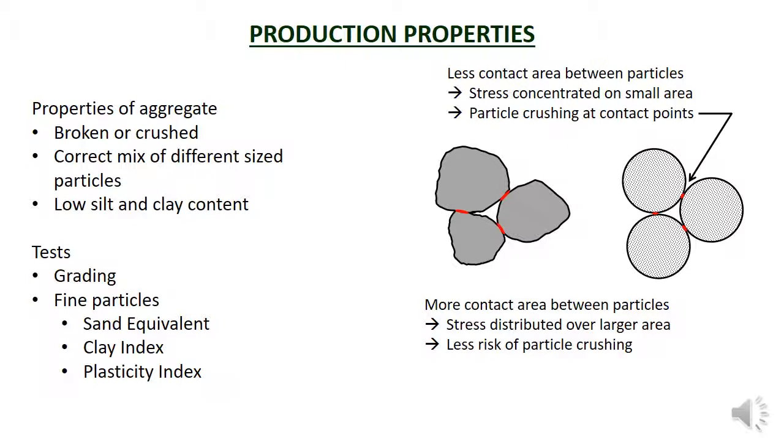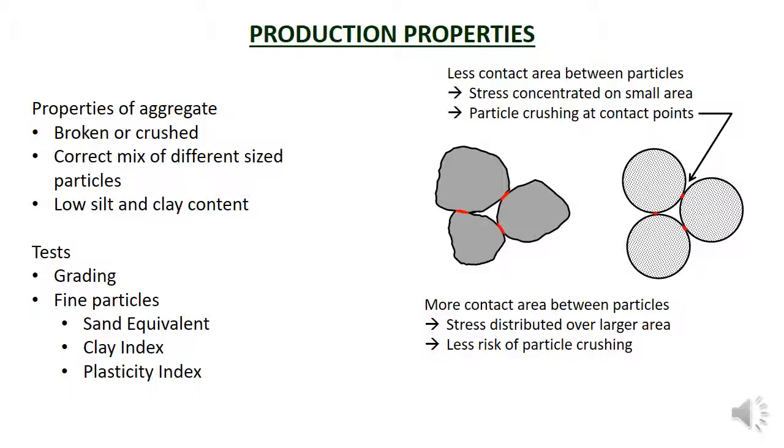You will recall that BASECOURSE relies on the contact areas between particles to transfer and distribute the road loads, and anything that reduces the effectiveness of these contacts will result in the BASECOURSE layer not being as strong as it should be. The specification requires that aggregate particles be broken or crushed, as we need angular particles to maximise the contact areas between the aggregate particles in the BASECOURSE.